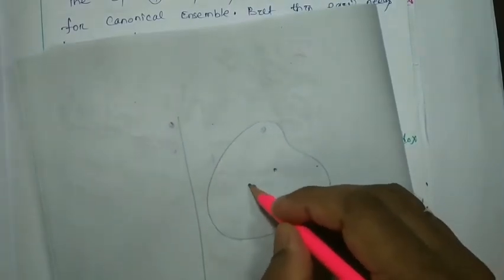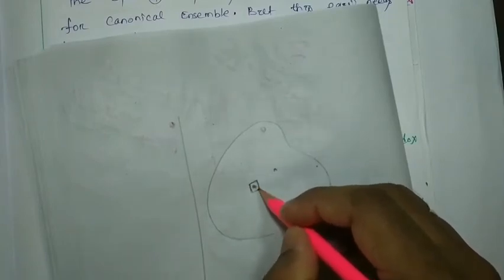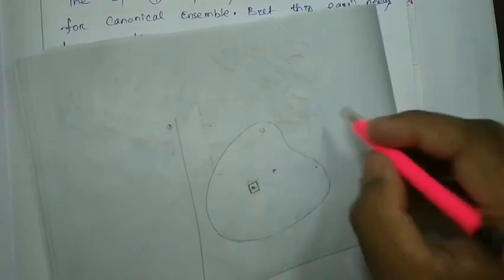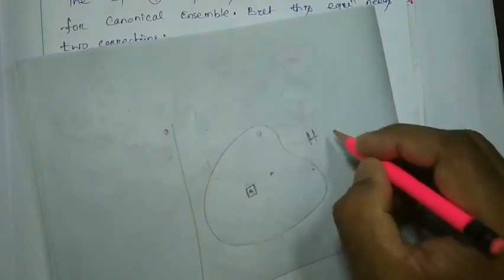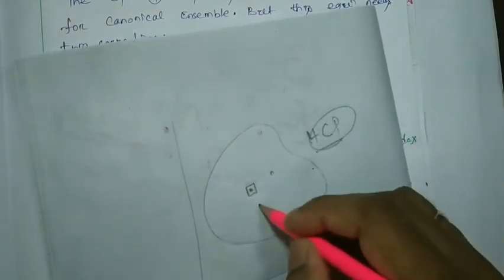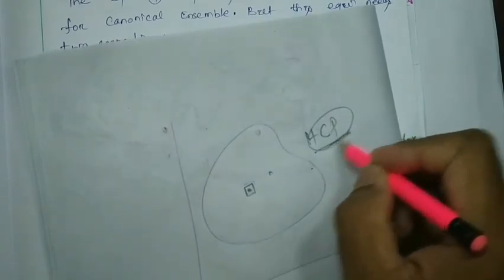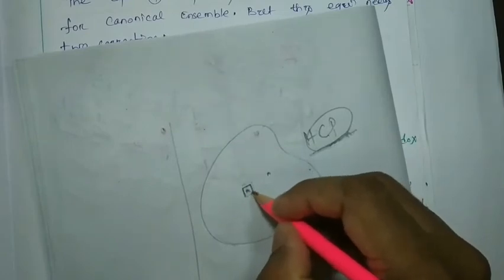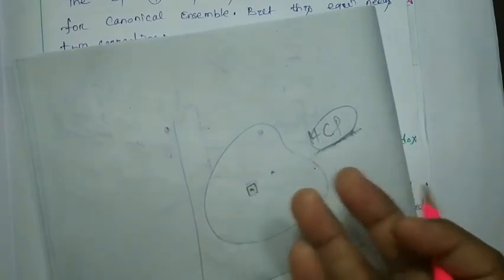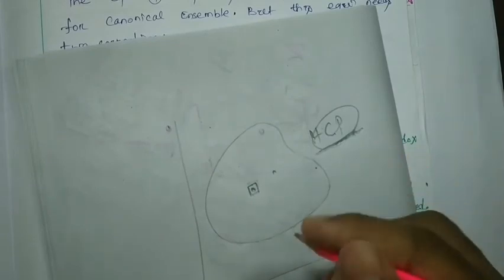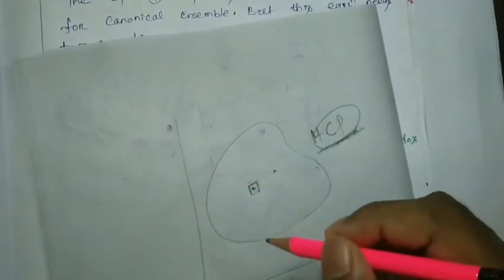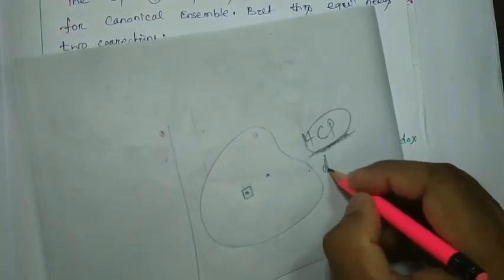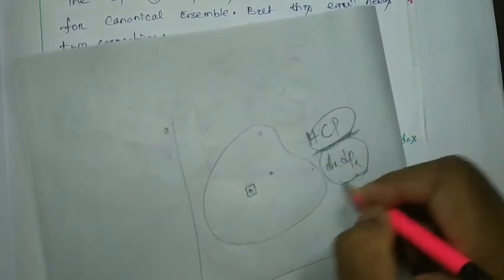Its location varies in a small volume, according to the Heisenberg uncertainty principle. How it is, we have also discussed in this topic, you can refer to that video. So this phase point cannot be given an exact location. It will be in the form of uncertainty of position dx and dpx.